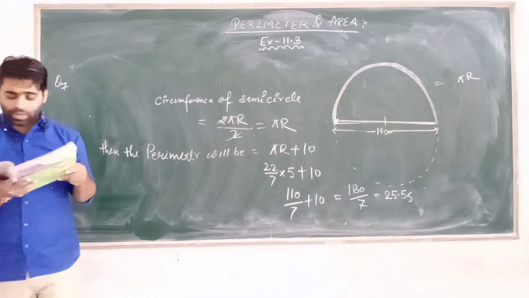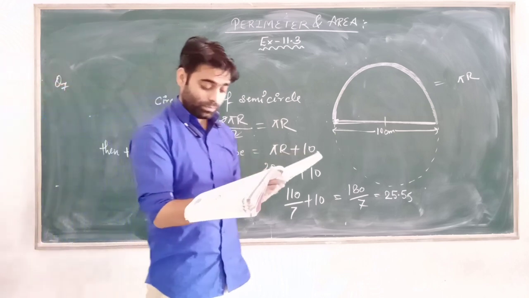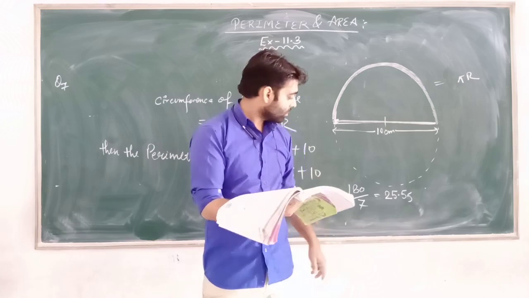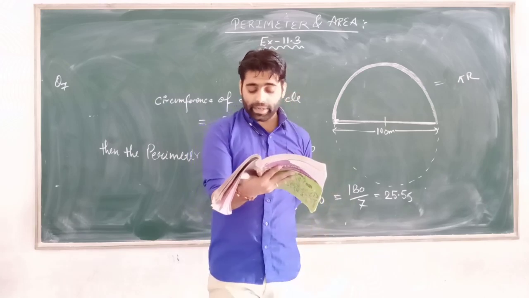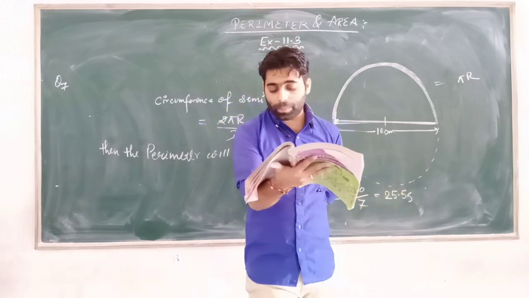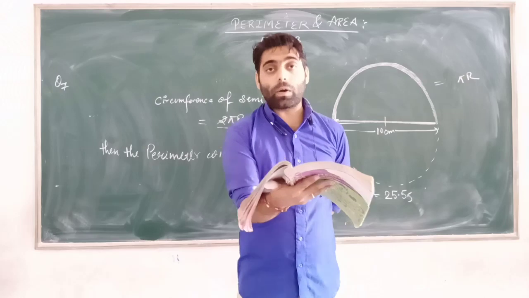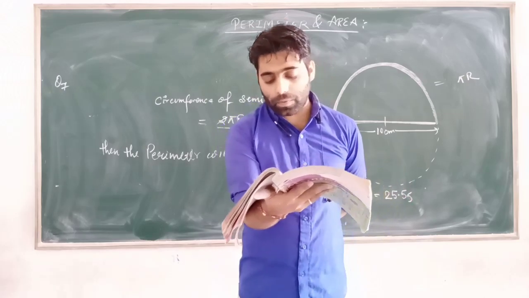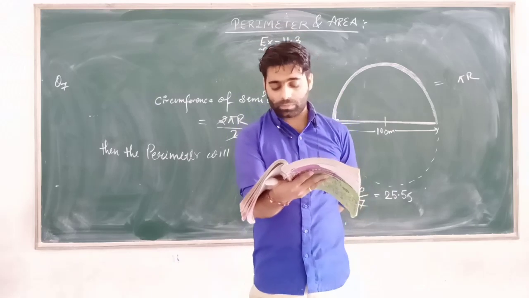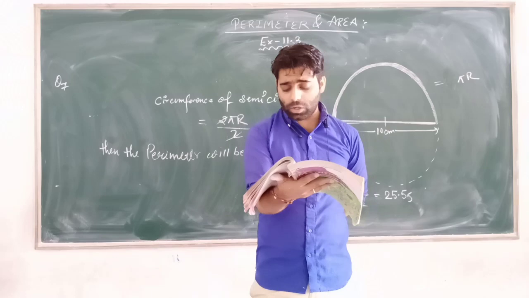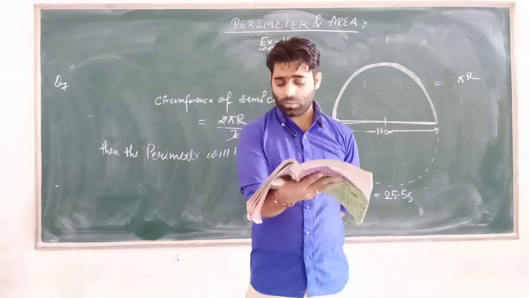Now taking the 8th question. Find the cost of polishing the circular table top of diameter 1.6 meters if the rate of polishing is 15 per meter square. We have to find the cost of polishing.